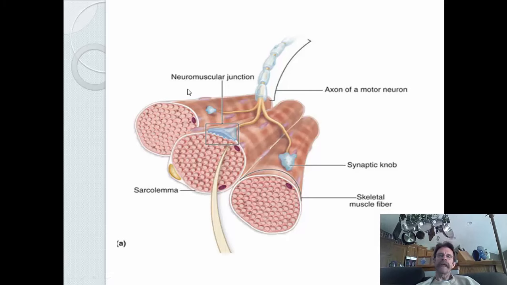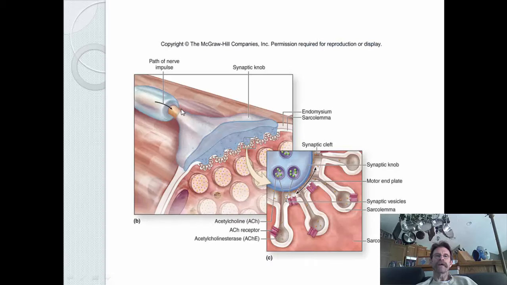But if you're playing the piano, moving your fingers at the speed of light, then there might only be 3 or 4 or 5, certainly fewer muscle fibers innervated by that one motor neuron. So a motor unit is that motor neuron and however many muscle fibers it will stimulate. So that will vary.